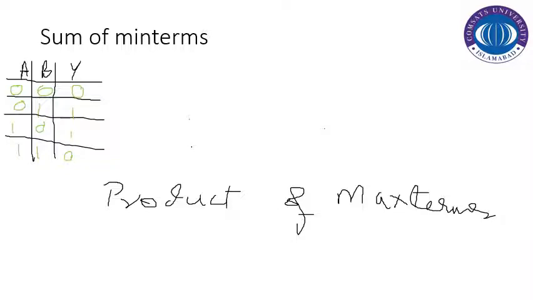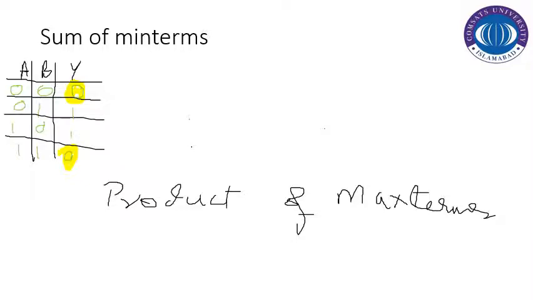Now for the product of max terms, the important terms that are being considered while generating the Boolean function are those terms which are basically 0. So this is the term and this is the term, and we will extract the max terms from the table.